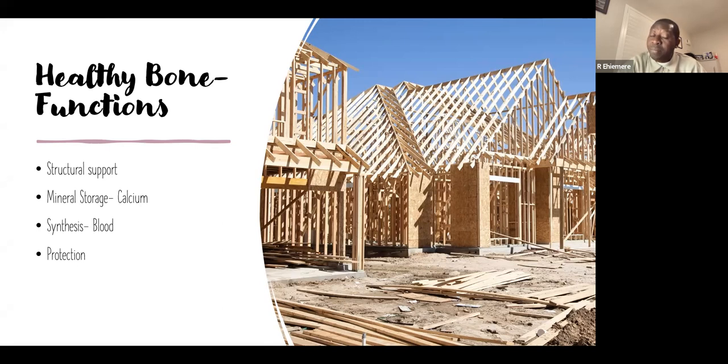It has metabolic function and immune function as well, in terms of the fact that the bones are the source of your blood, one of the sources. Sometimes the liver is involved, especially when you're younger.